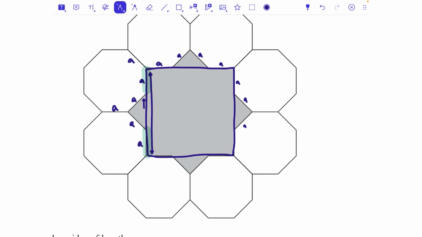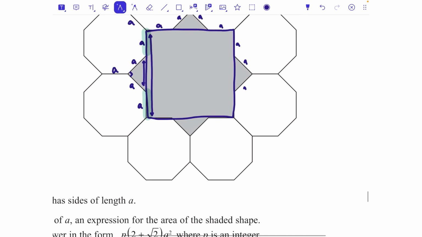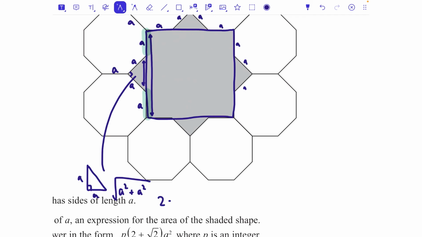And then this bit, we would need to do Pythagoras, looking at this right-angled triangle. So with this right-angled triangle, it's a, so I'm going to do a squared, add a squared, and then square root it. Okay, so 2a squared square rooted is root 2 root a squared, which is root 2a. So that's the length of that bit, root 2a.